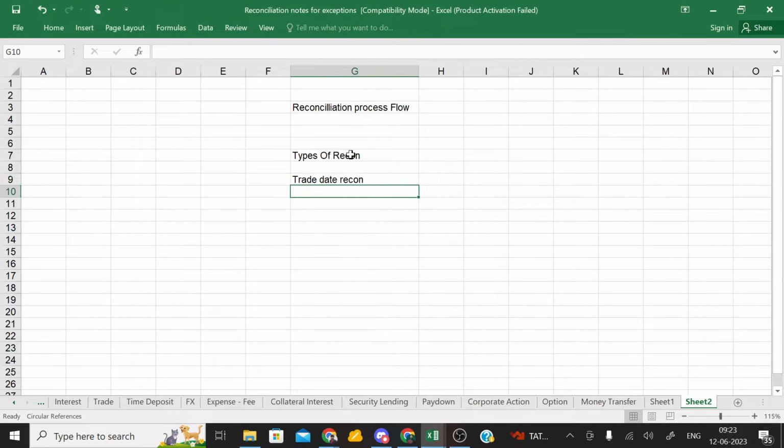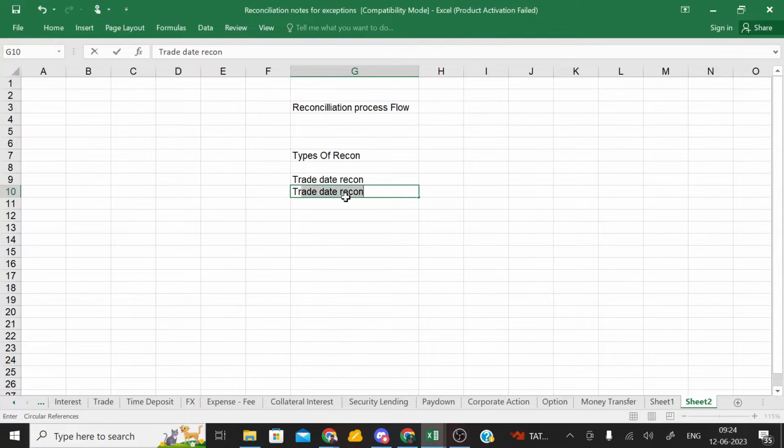Then you need to perform the reconciliation today with the quantity, price, trade date, amount, and counterparty, who is the counterparty and all, and you need to provide confirmation to the accounting team that whatever security was purchased is accurate. That reconciliation we call a trade date recon.